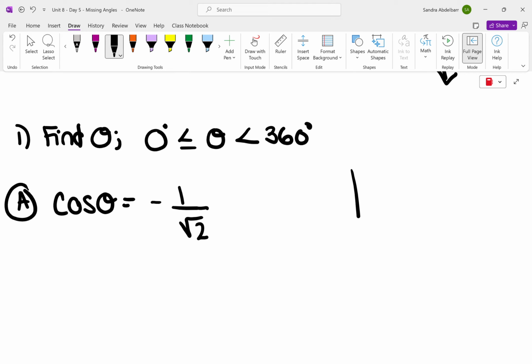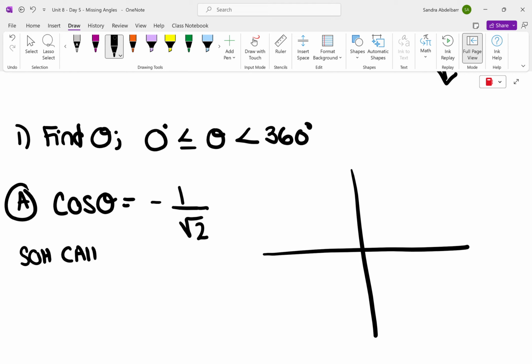Okay, so what I'm going to do is set up my grid, and I'm going to remember, based on SOHCAHTOA, that cosine is CAH, and what does cosine pair?